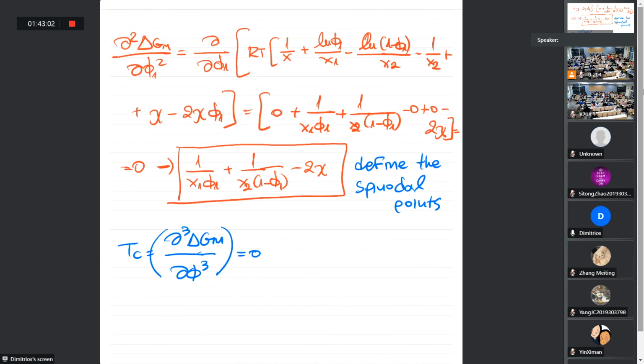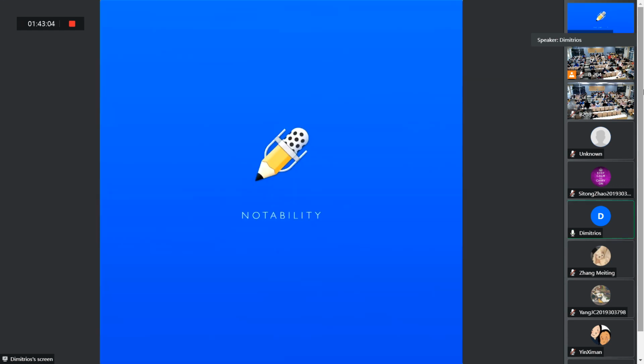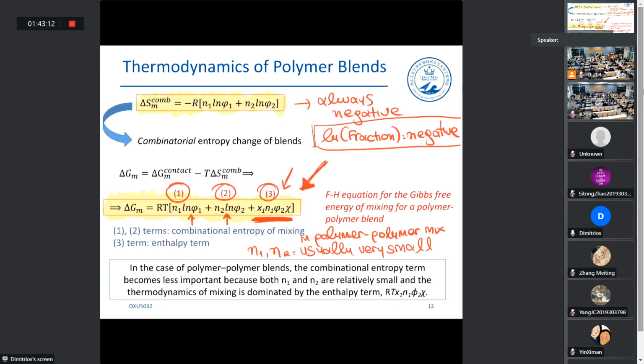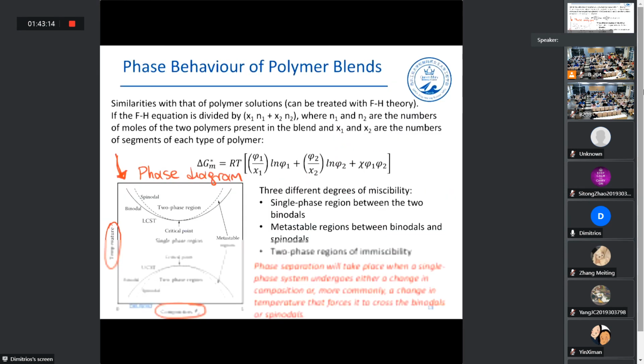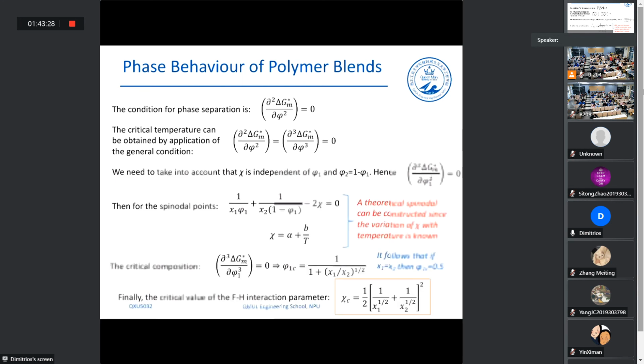Now, let's go back to the notes. Yes, we talk about all these when phase separation takes place. When do we cross the metastable regions or the two-phase region to single-phase region? Okay.